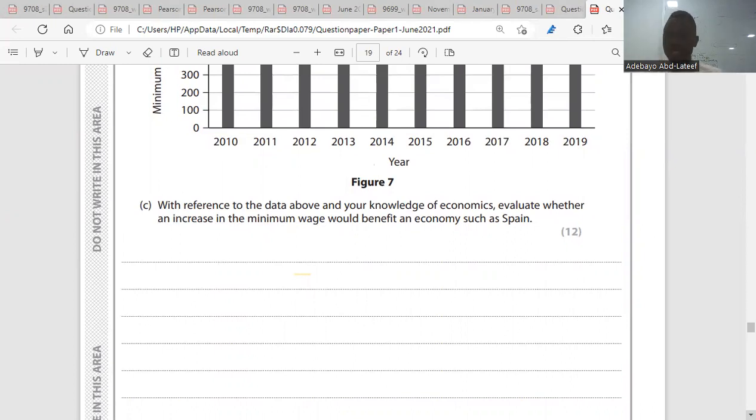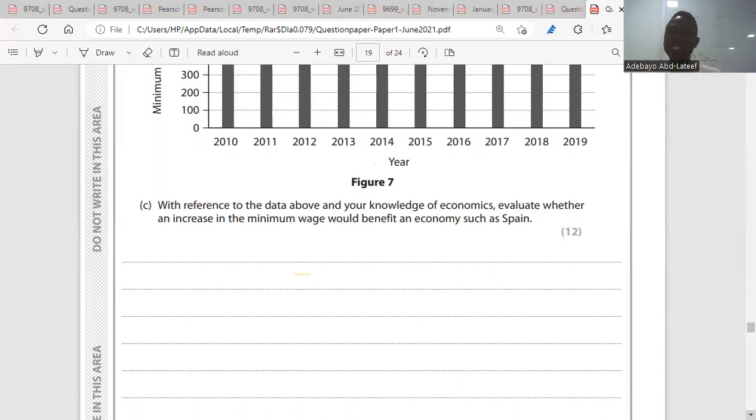An increase in the minimum wage will increase the income level of the people living in Spain, which means their purchasing power would increase. If their purchasing power increases, they will be able to buy goods and services that they were unable to buy, which means the living standards in Spain would improve. An increase in minimum wage can also motivate the workforce to seek employment and motivate workers at the workplace, which means productivity will increase.